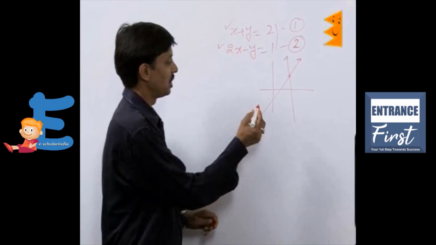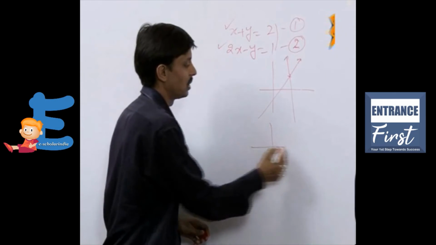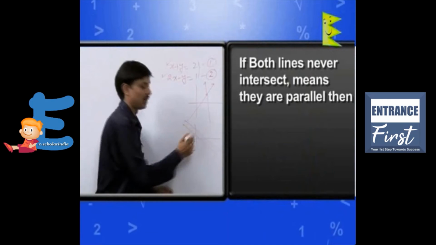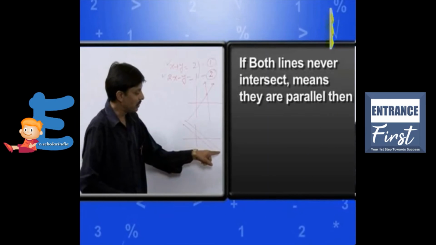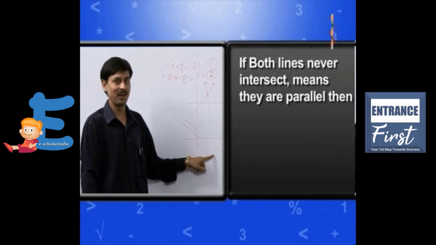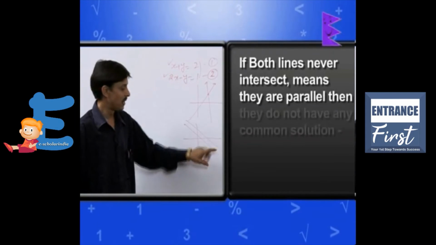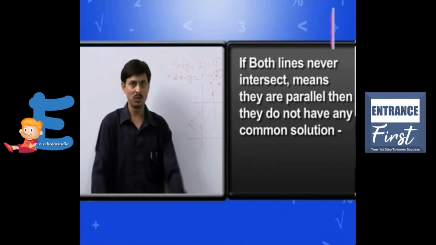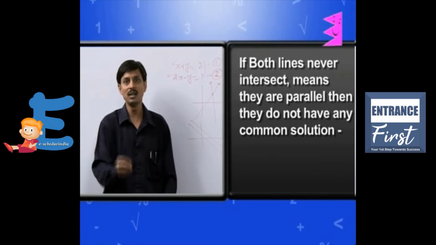Suppose the situation is like this, that the two lines are parallel. This line individually has an infinite set of solutions, and the second one also has an infinite set of solutions. They do not have any common solution because these two lines are parallel.